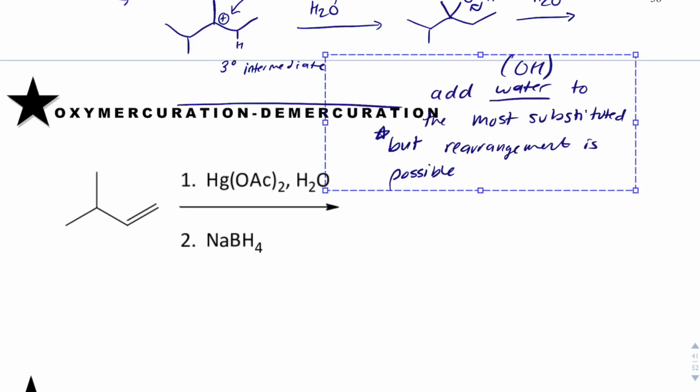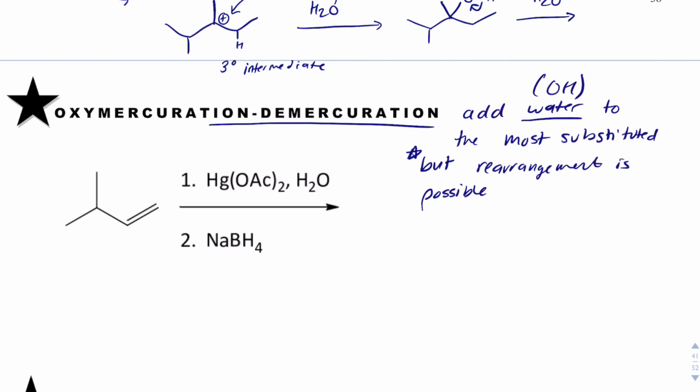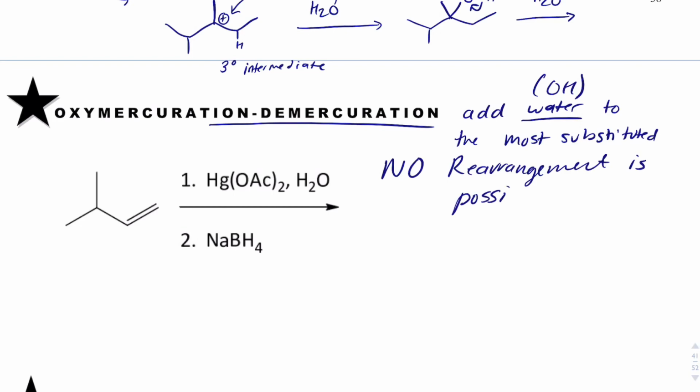This is called oxymercuration, demercuration. So we add water to the most substituted carbon, no rearrangement will happen. Okay, and that's ideal.